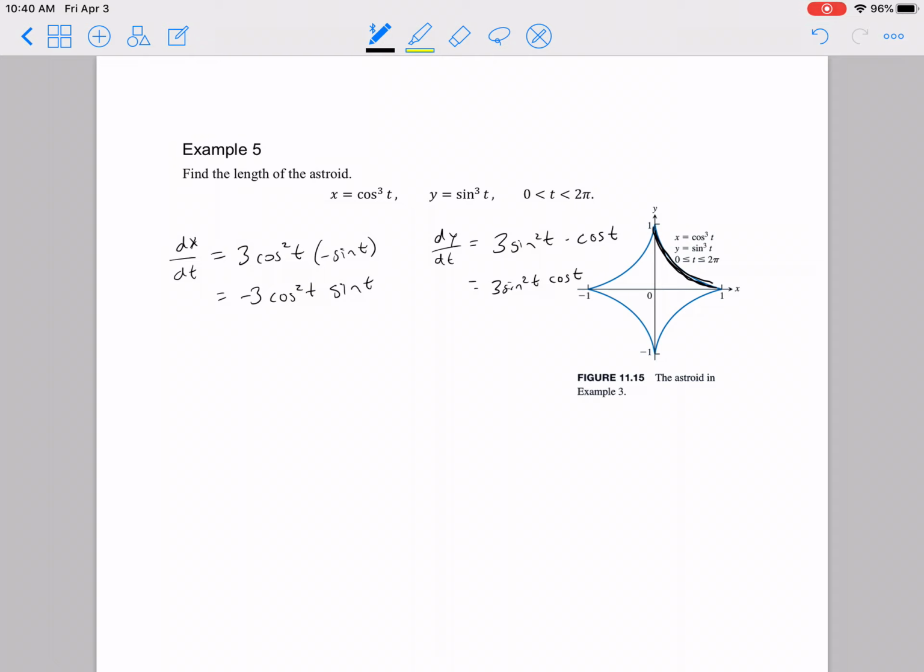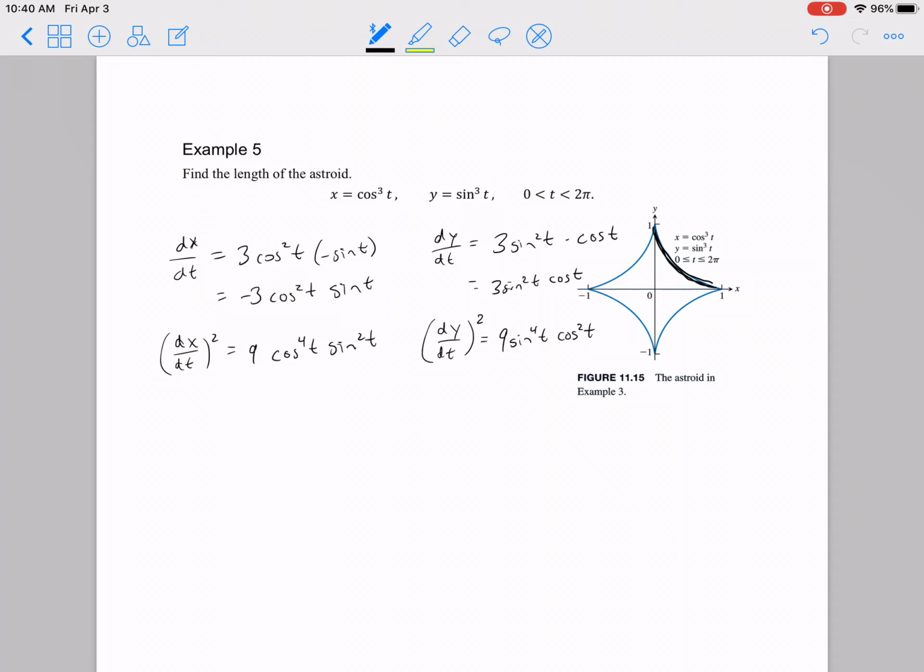And now we need to square each one of those, so dx/dt squared is going to be 9 cosine to the 4th of t sine squared t, and dy/dt squared is 9 sine to the 4th t cosine squared of t.